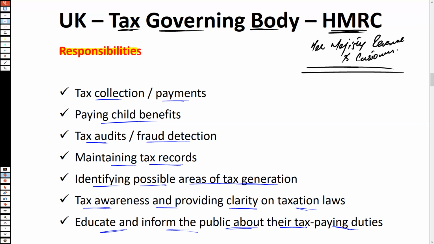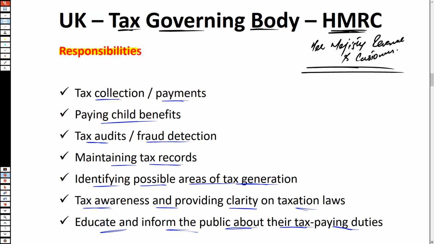To make you clear, to answer your queries with respect to taxation laws and rules, it's the responsibility of the revenue body to address the questions raised by the taxpayer. And furthermore, in the last point, to educate and inform the public about their tax paying duties is also another responsibility of a tax governing body.